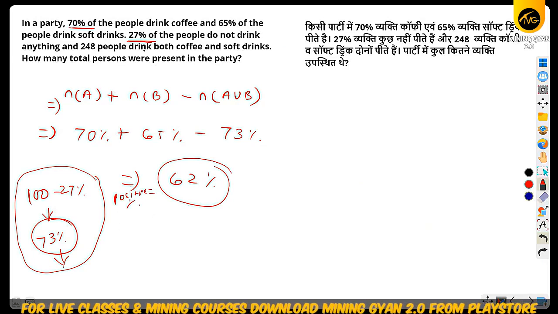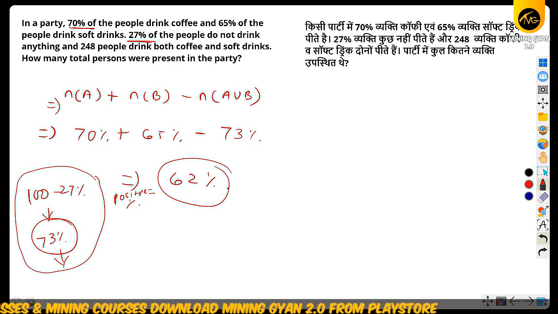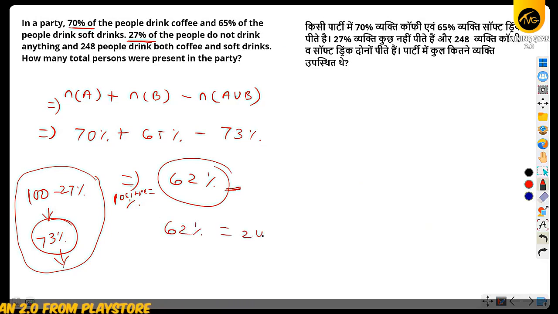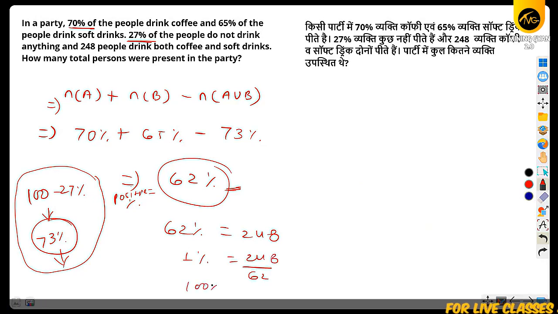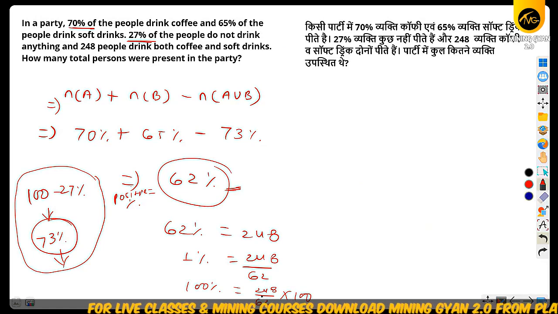Now 248 people drink both coffee and soft drink. So 248 means 62%, because this is the positive percent. That means 62% is equal to 248, right? Now 1% is equal to 248 divided by 62, and 100% is equal to 248 divided by 62 into 100. Is it clear?